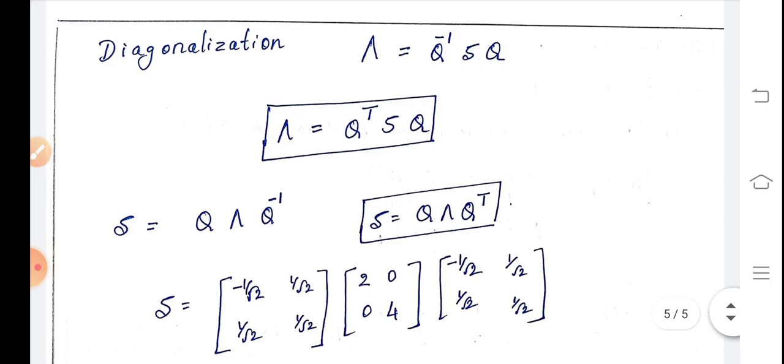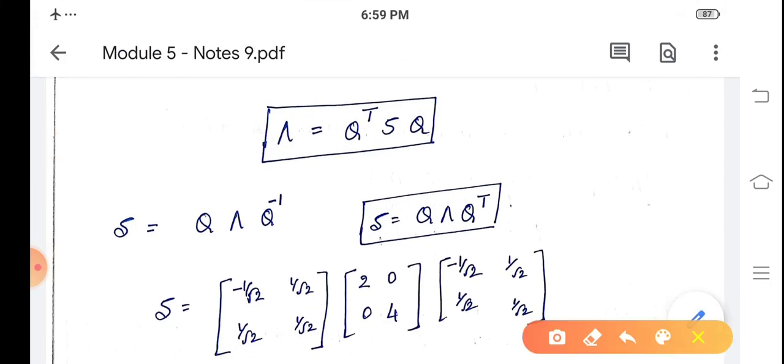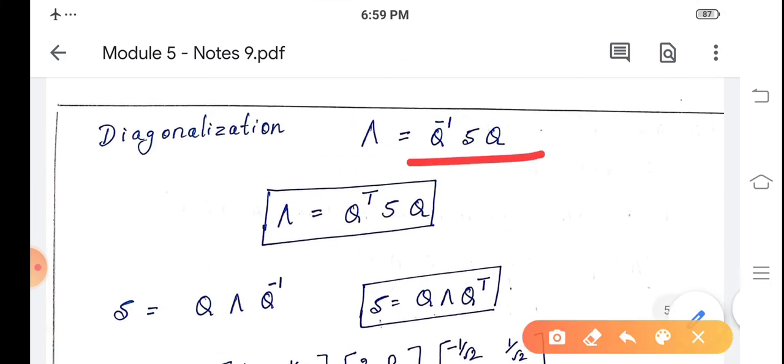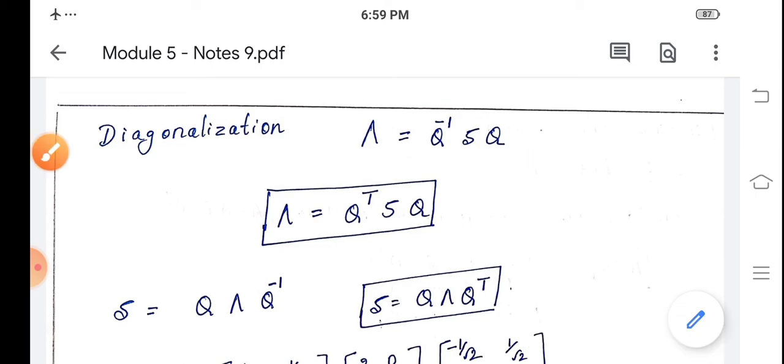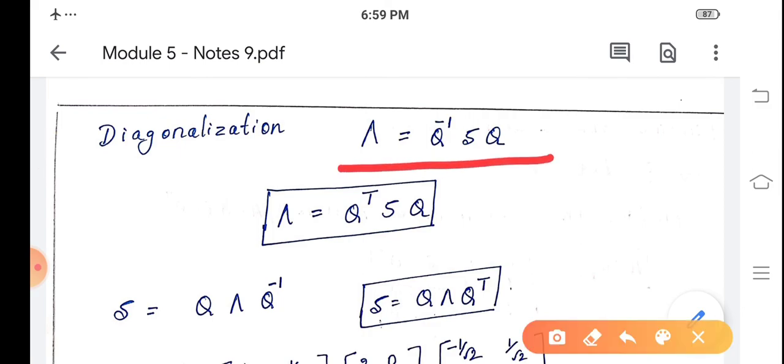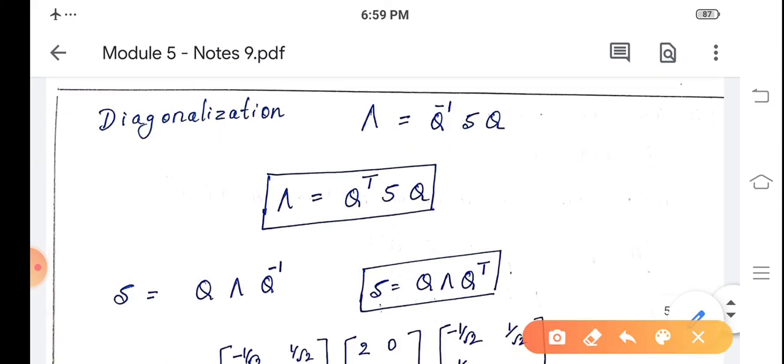Now diagonalization is Q inverse S Q, where Q is the orthogonal matrix and S is the given symmetric matrix. So the diagonalization, capital lambda, is Q inverse S Q. Q inverse is the same as Q transpose, because Q is orthogonal.